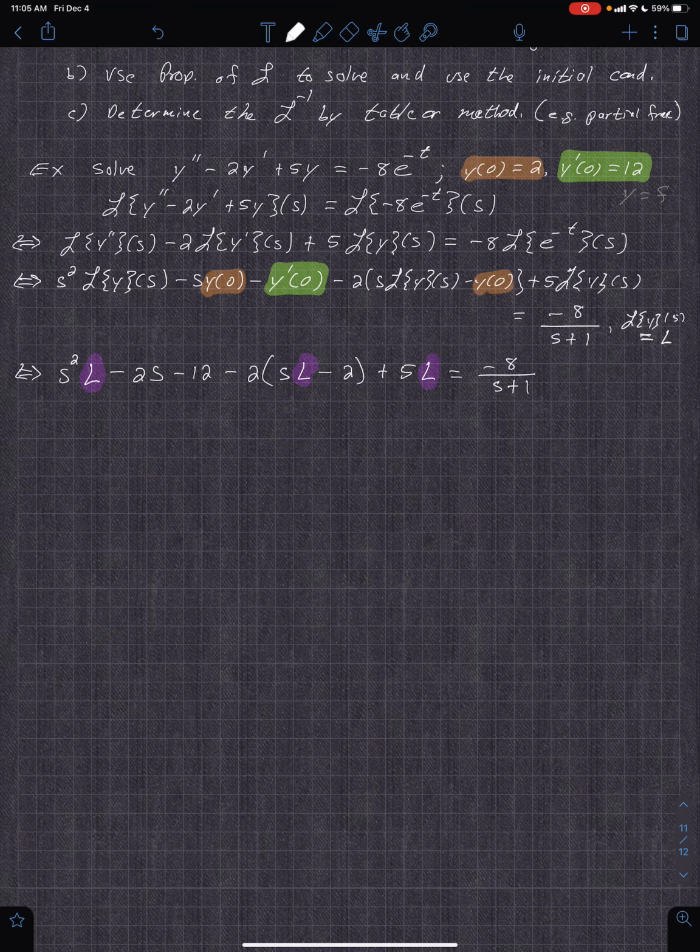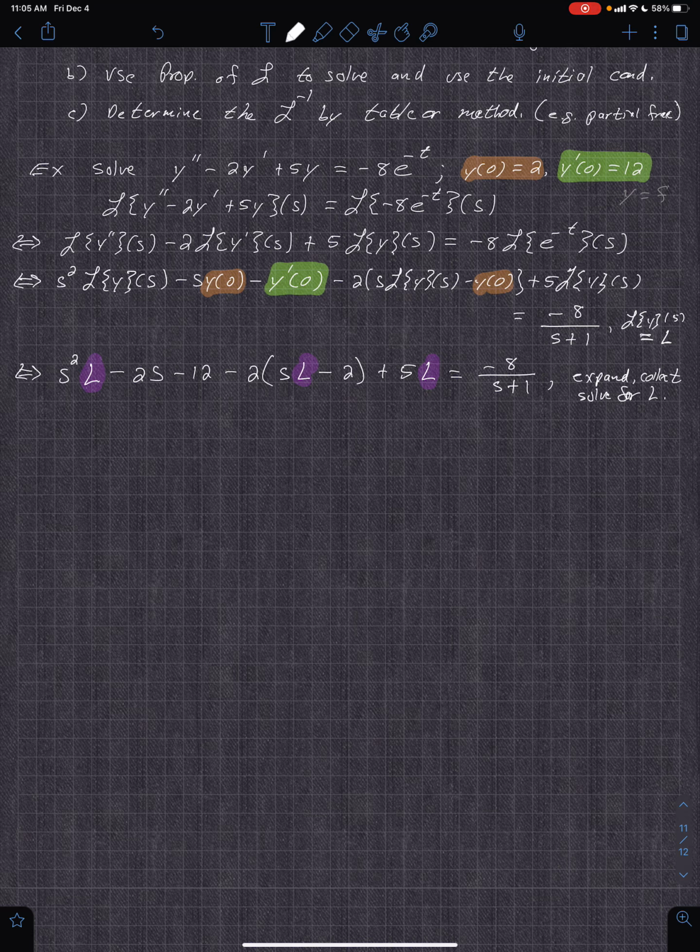So let's continue then. I can write down some steps for you. Expand, collect, solve for L. Okay, so that's what we're doing. And then you'll see it's in a nice form that'll mimic what's above. And then you take the inverse transform of that.